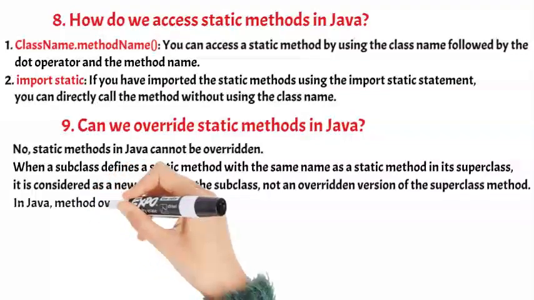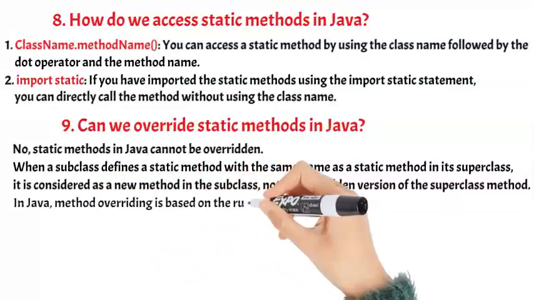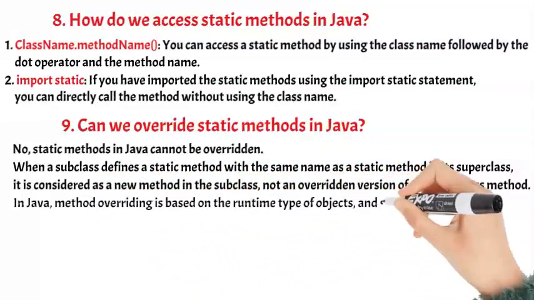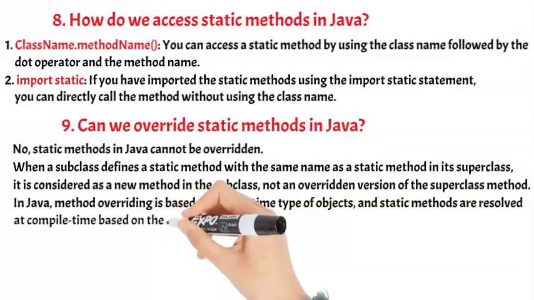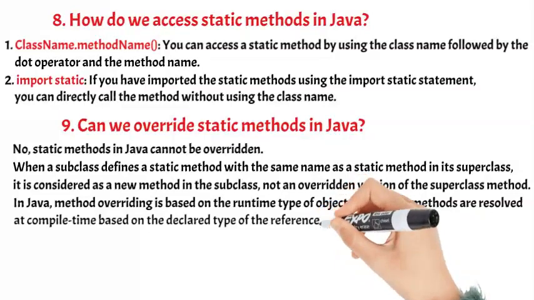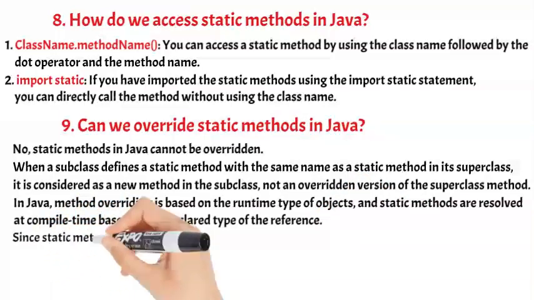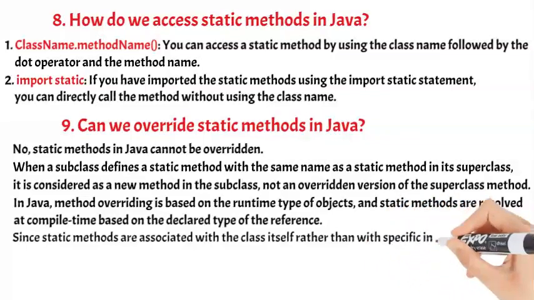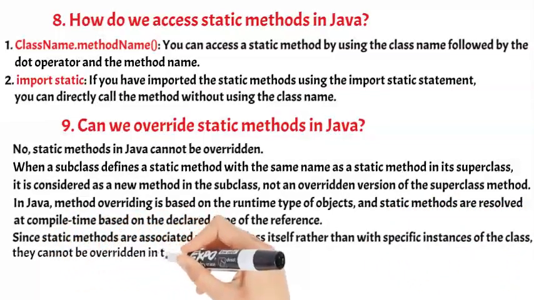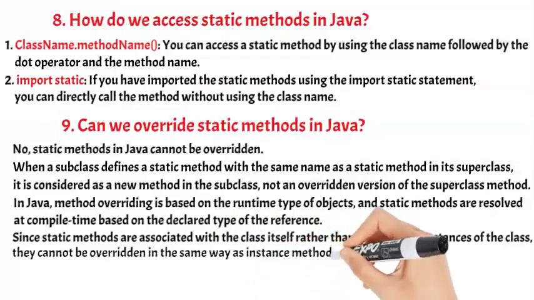In Java, method overriding is based on the runtime type of objects, and static methods are resolved at compile time based on the declared type of the reference. Since static methods are associated with the class itself rather than with specific instances of the class, they cannot be overridden in the same way as instance methods.